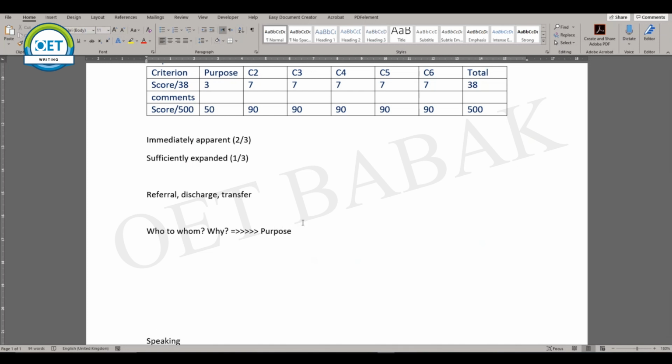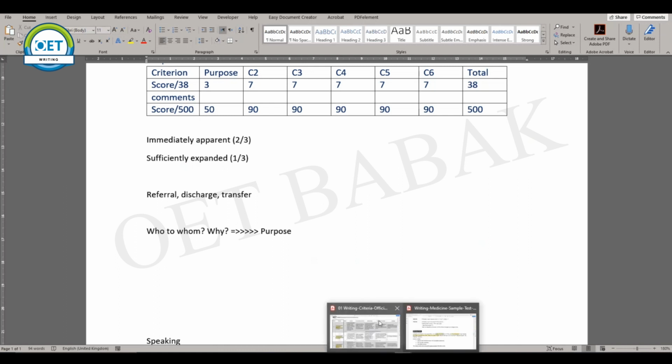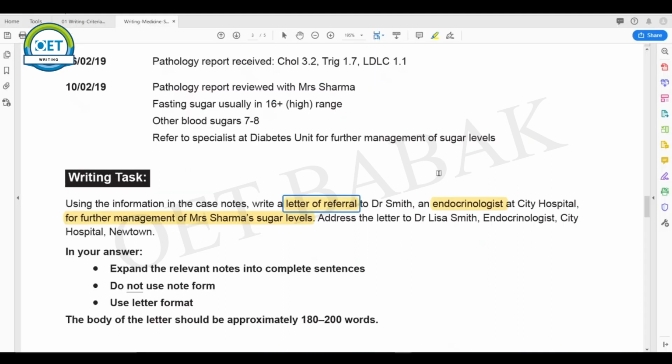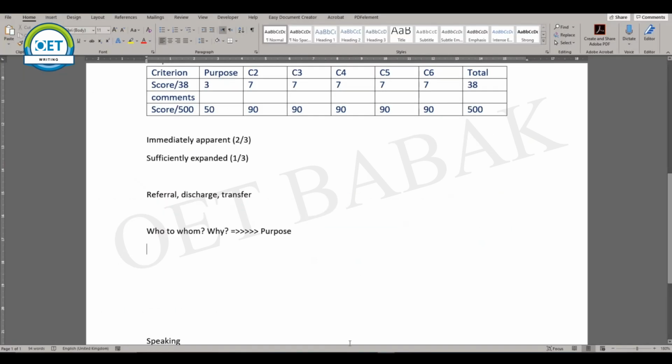And so here, who is writing to whom? The GP is writing to an endocrinologist. So that is the purpose: GP to endocrinologist. And why?